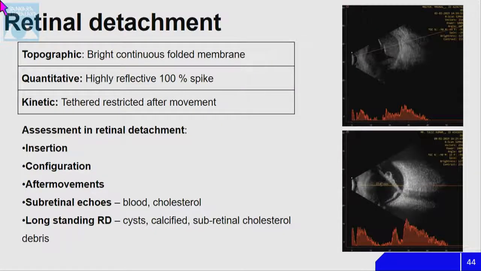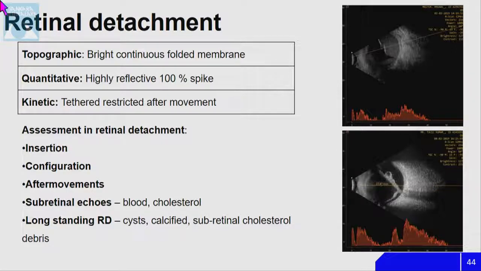So retinal detachment is a bright, continuous folded membrane with a high reflective 100% spike. And usually the mobility is less than posterior vitreous detachment, but more than a choroidal detachment. Again, it varies, depending on whether it is a fresh retinal detachment or an old one, and on the presence of proliferative vitreoretinopathy.